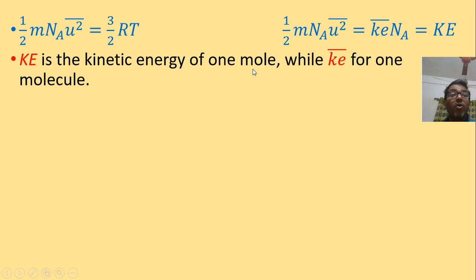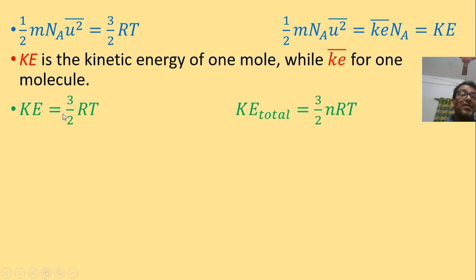Capital N is the number of molecules present in the gas system, Na is Avogadro's number, and small n is the number of molecules in the molar sense. So the kinetic energy of one mole is equal to 3/2 RT, and the total kinetic energy is 3/2 nRT, where n is the number in the molar sense.